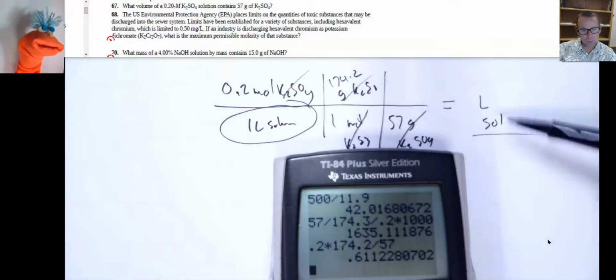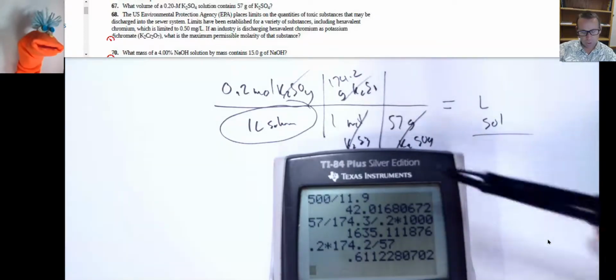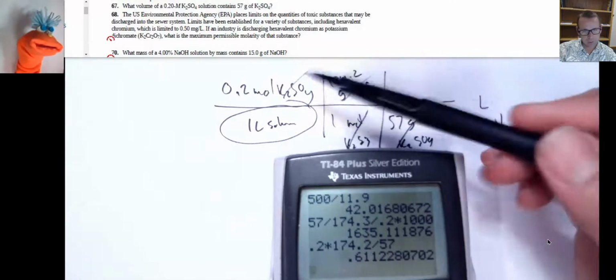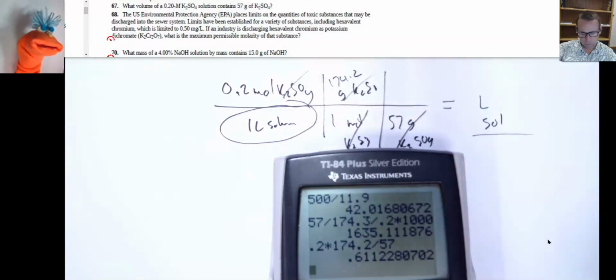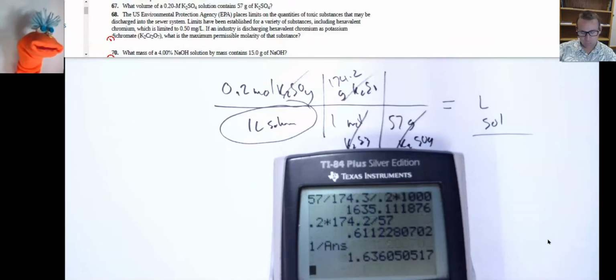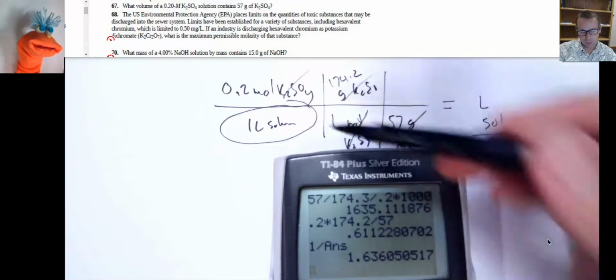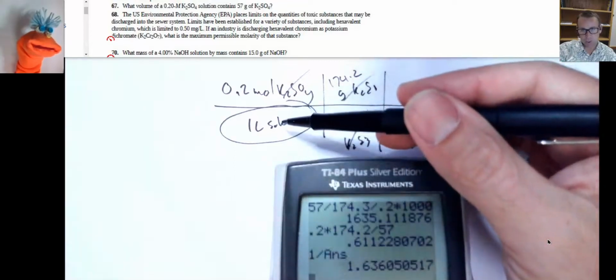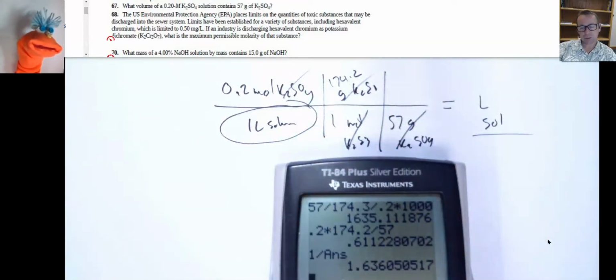So this is not 1.6 liters, this is 0.611, but the units are per liter. So if I go 1 divided by that value, take the reciprocal of it, it'll end up giving me the 1.6 liters, right? Because it was units per liter, and now I just need the reciprocal of it.